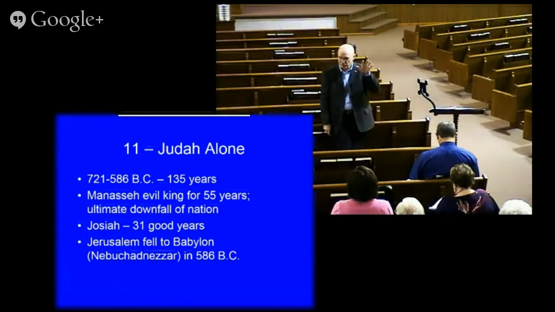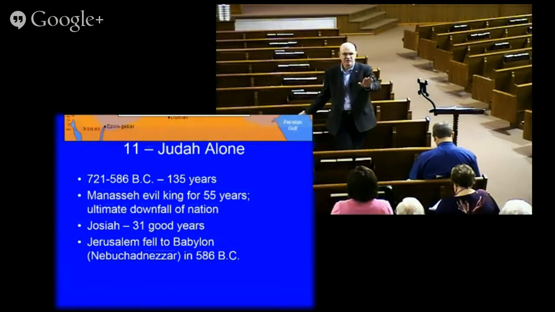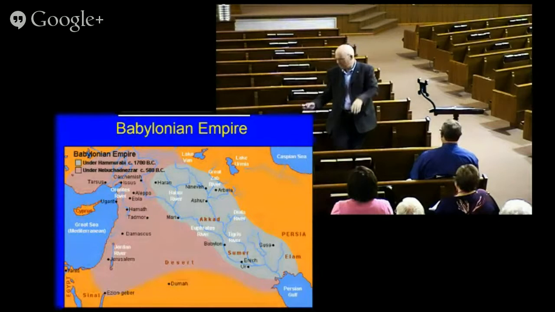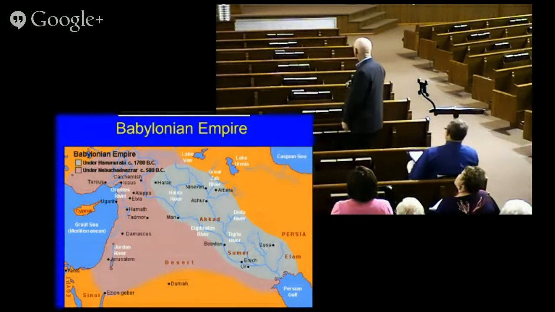The city of Jerusalem actually succumbs 586 BC. So Judah alone is gone. They're going to be taken into captivity. But watch the dates. 586 when Jerusalem fell. Babylonian Empire, and here's Babylon right up here on the Euphrates River.